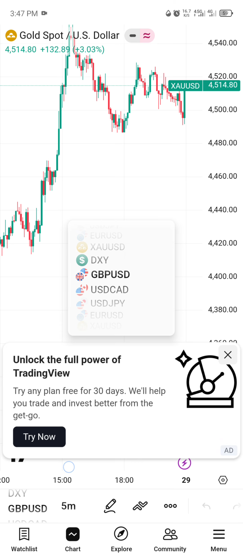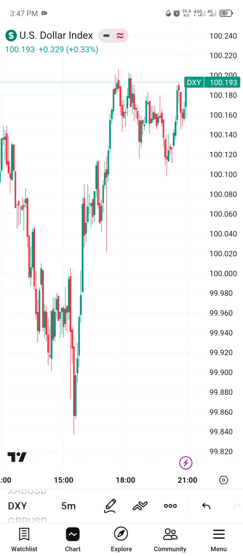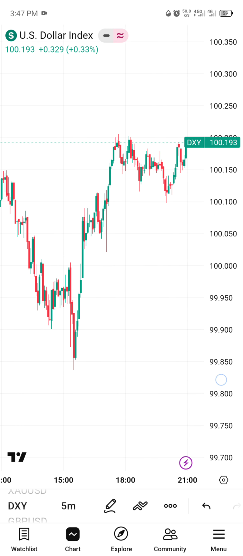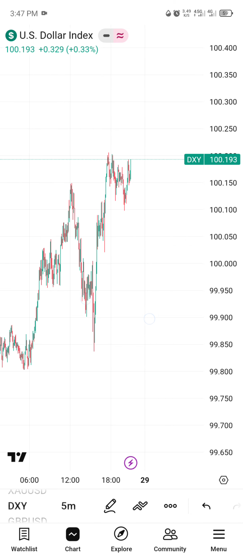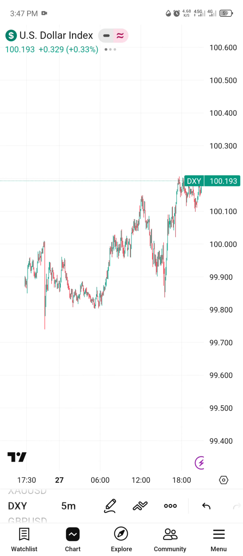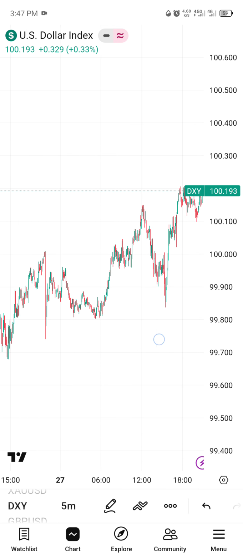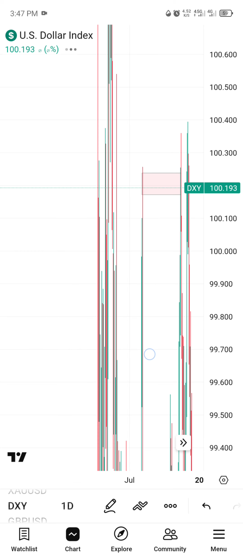This one is good. First of all, when it comes to pairs that involve the US dollar, we try to look at the movement of the DXY index. Let's start from the daily time frame.